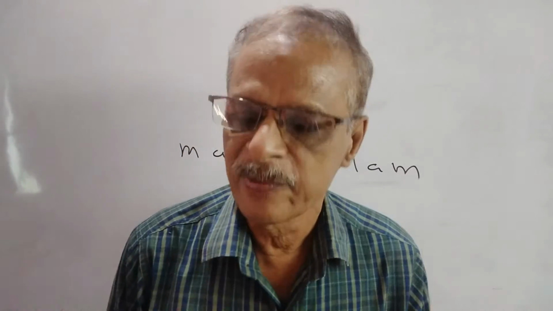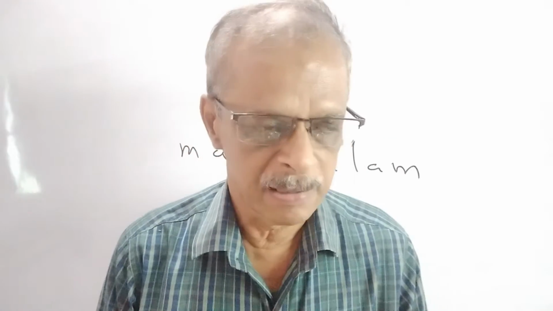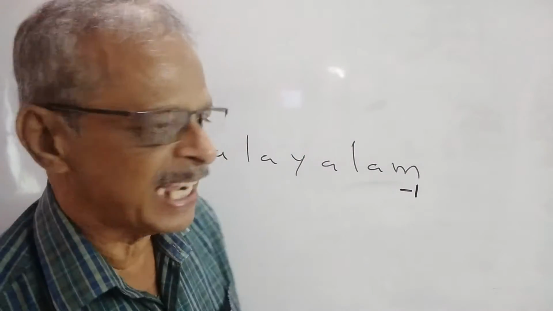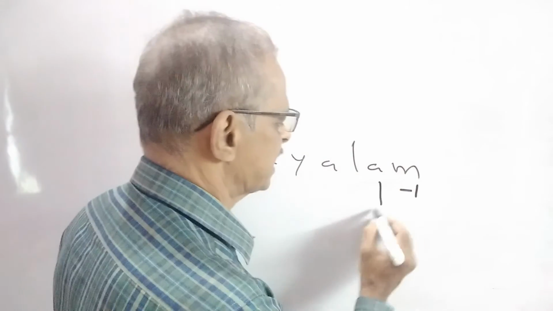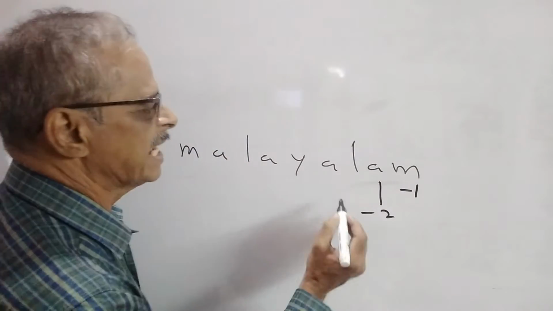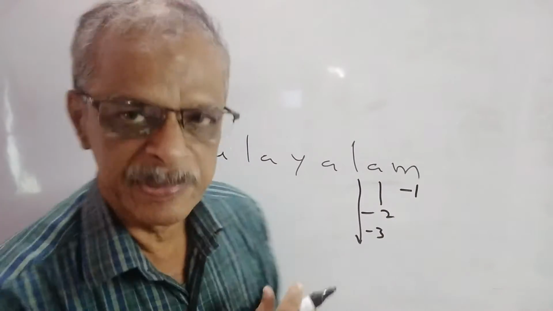The only language which has the minus indexing property is Python. -1 represents the last character of a string. -2 represents the second character from the end. -3 represents the third character from the end.